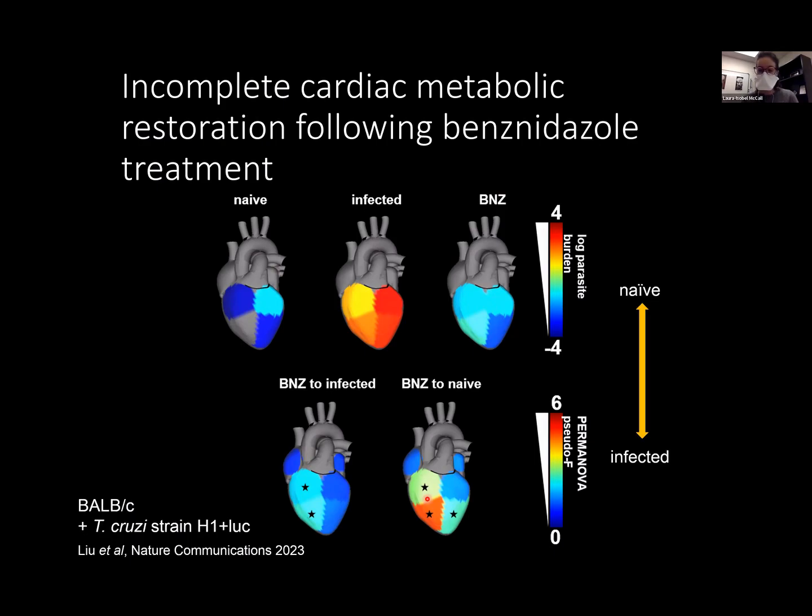And so if we cartoon this, looking specifically at the right ventricle bottom, you can think of infection as having a certain impact on metabolism. So benznidazole would be here, a small difference to infected, still large difference to naive. And so this indicates a lack of cardiac metabolic restoration after benznidazole treatment. And this can help explain why patients do not improve if treatment is initiated late in disease.